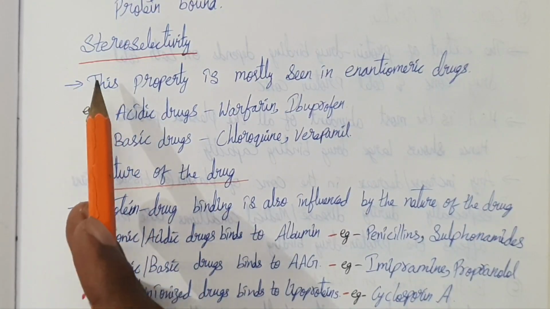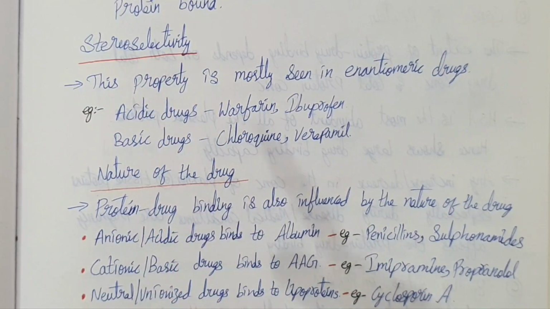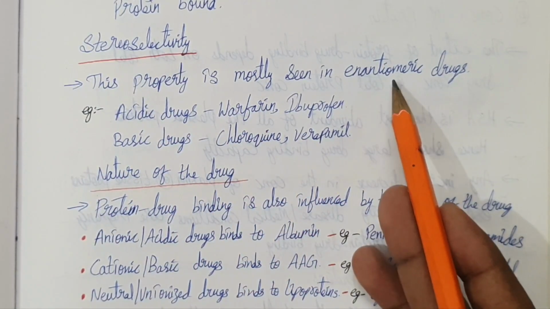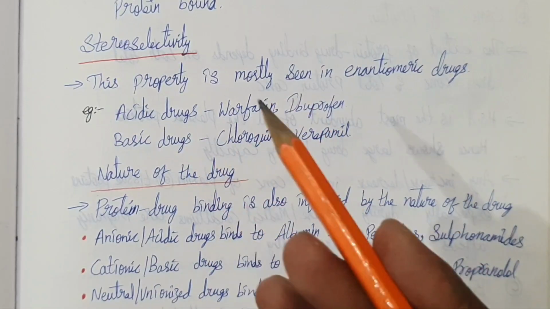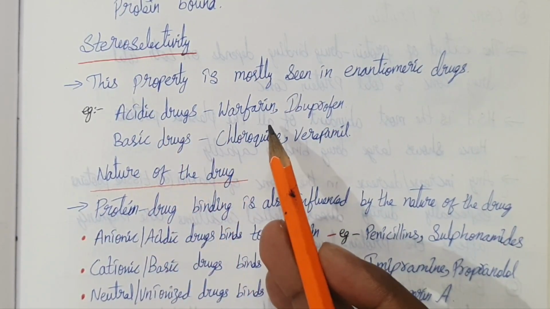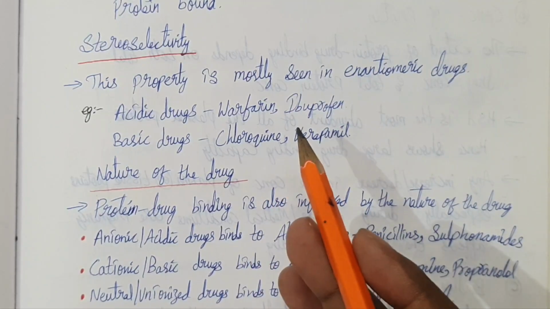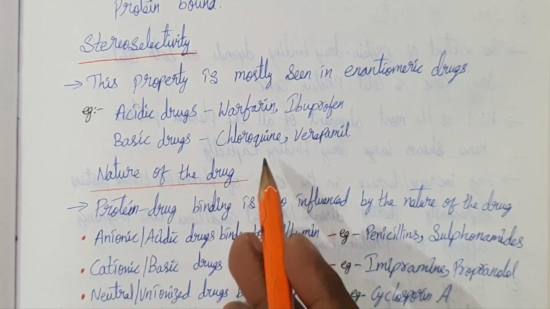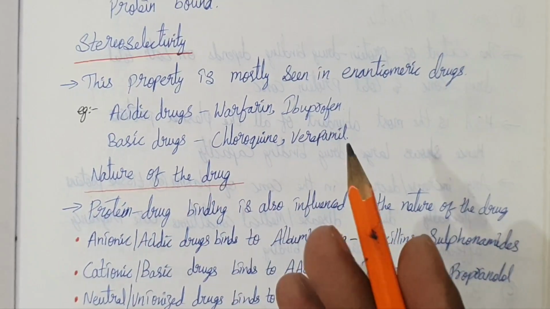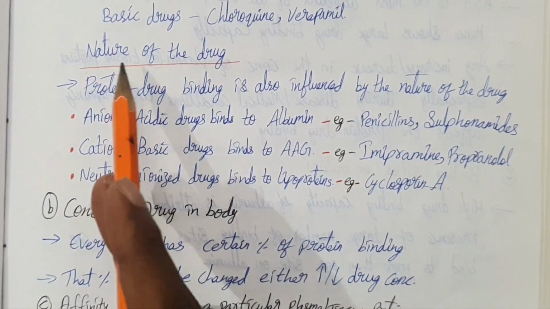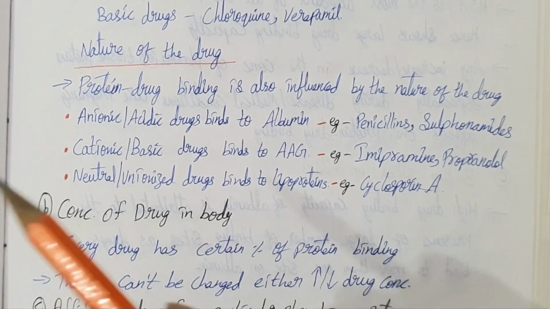Next one we have stereoselectivity. Drugs that exist as enantiomers often show stereoselective binding. Acidic drugs like warfarin and ibuprofen bind more to albumin, while the basic drugs like chloroquine and verapamil show different affinity patterns. Moving on to nature of the drug, that is the type.